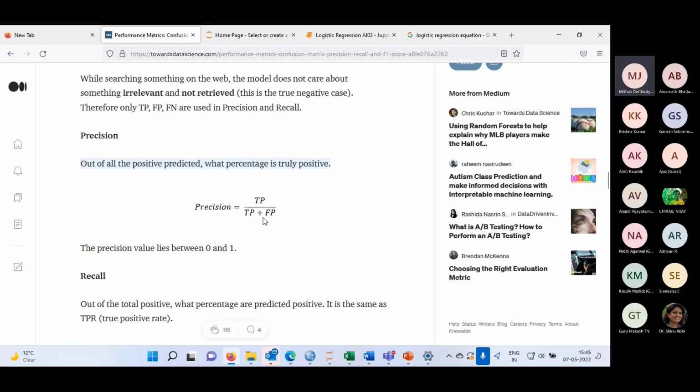I don't want too many false positives. I'll give you an example. Let's take two cases. One is mobile manufacturing. Every day a machine makes multiple mobile phones. Let's say it delivers 1,000 mobile phones.